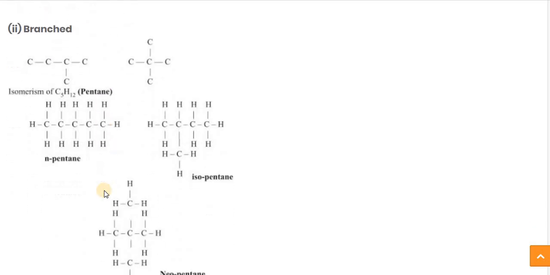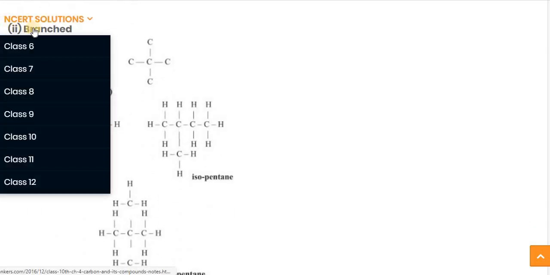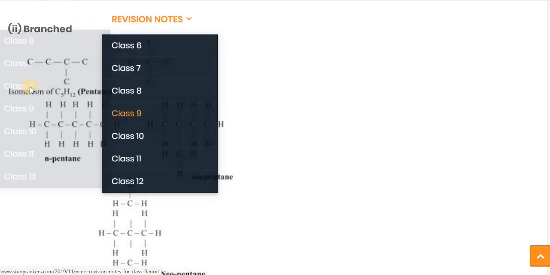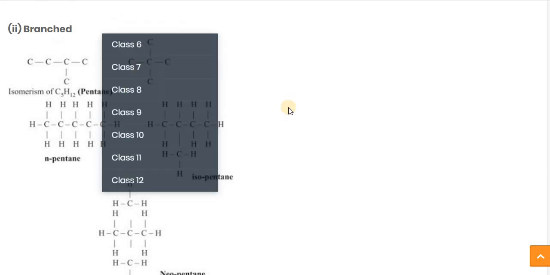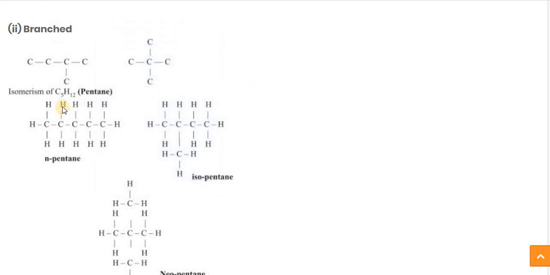Now let's move further. The second type of carbon compound is the branched one. Here you can see in the carbon chain there is a branch. So this kind of structure we consider as a branched structure. Here there are 5 carbon atoms, 1 2 3 4 5, and here also 1 2 3 4 5.